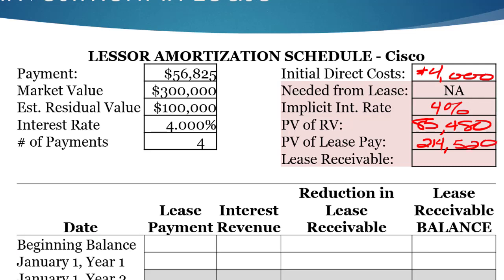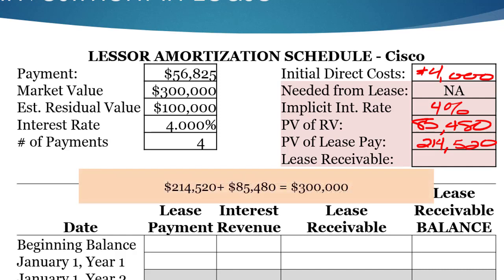Now, what we want is our actual lease receivable. And we're going to estimate our lease receivable as the total amount that we're going to get back from our lease, which is $214,520 in present day dollars in payments, plus $85,480, again in present day dollars, in the value of my leased asset.